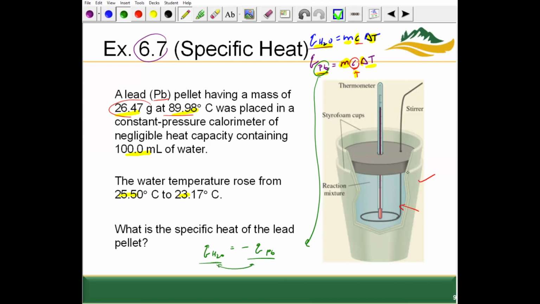We're assuming that the walls of the calorimeter itself don't absorb any heat because we're told this specifically in the problem, that the constant pressure calorimeter has negligible heat capacity. So we're not going to worry about the styrofoam walls absorbing any heat. We're just going to think about the system being the reaction that's taking place, and then the surroundings are the water. And that's all we're considering, so these two components.